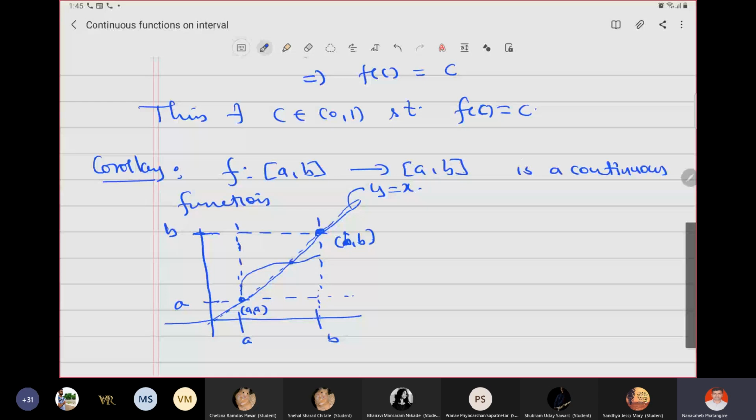Yes, from the figure it is clear. Yes. So then there exists c between a and b such that f of c is equal to c. And it is just similar to the previous one.